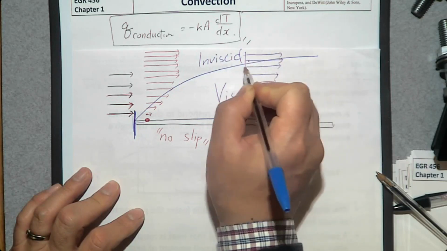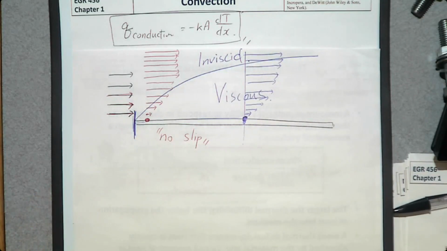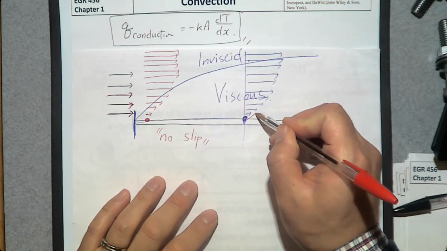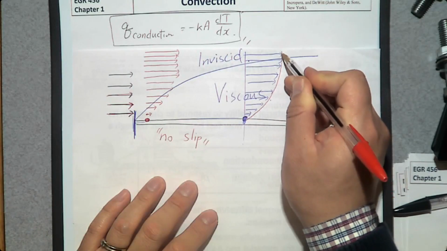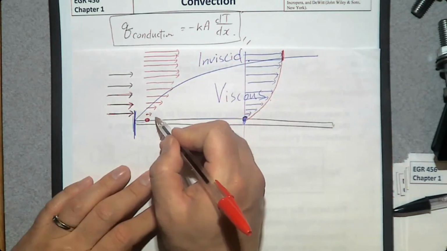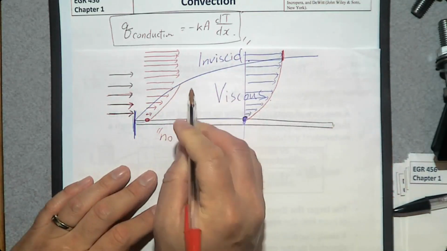Once it goes outside of the boundary layer, we have a uniform velocity, same as here. So this is the boundary layer, and this is the velocity profile within a boundary layer.